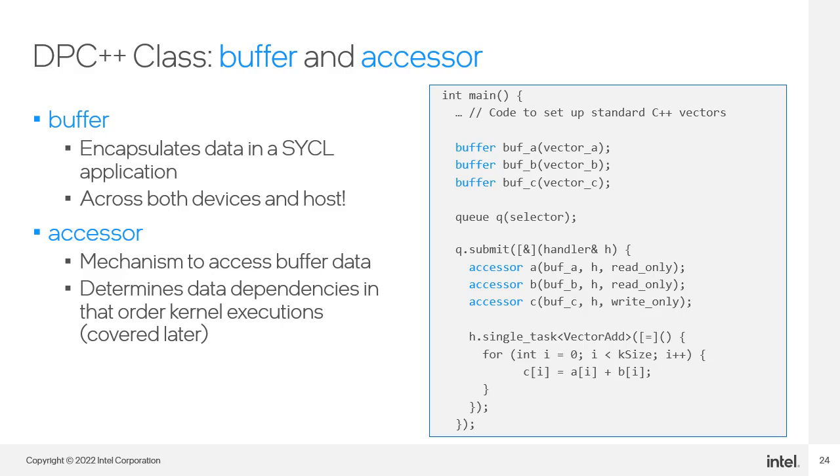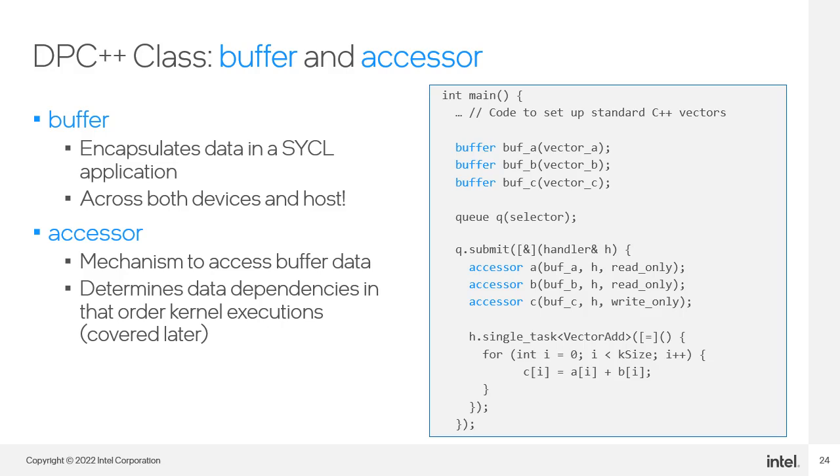The runtime is informed of how we intend using the accessors we create by the type of access mode we provide the accessors. In the example code, we create buffers for vector A, B, and C, and we create accessors A, B, and C to access buffers A, B, and C in a read-only, and write-only manner, respectively.